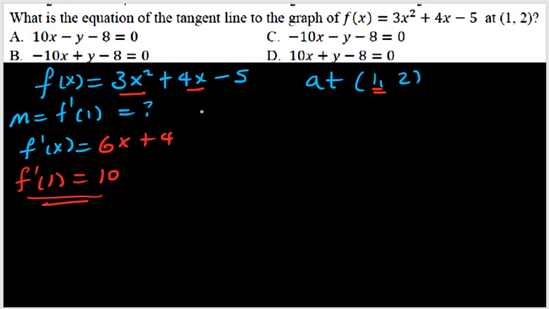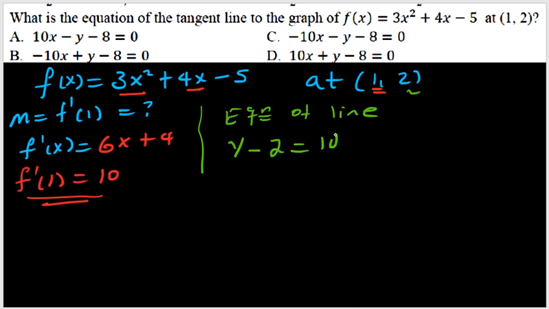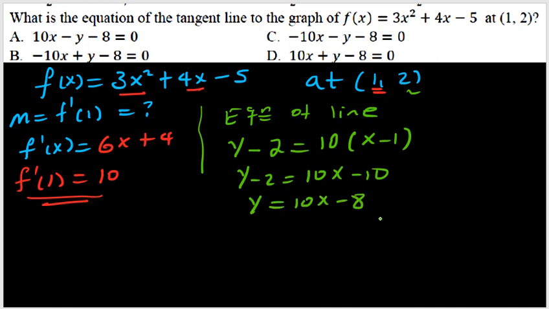So what will be the equation of the tangent line? The equation of the line would be y minus 2, the second coordinate, equals the slope 10 times (x minus 1). So y minus 2 is equal to 10x minus 10. When you take the 2 to the other side, y is equal to 10x minus 8.